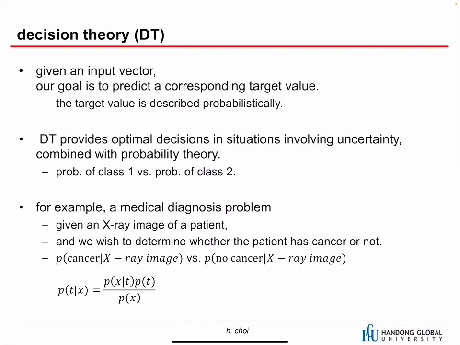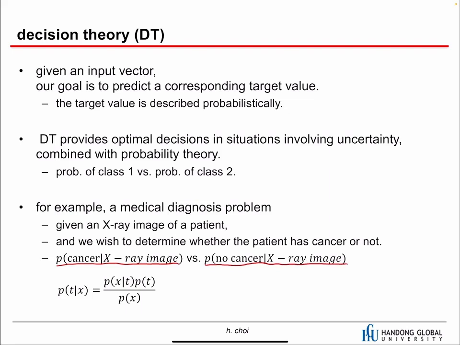For example, think about a medical diagnosis problem, where we have an X-ray image of a patient, and we wish to determine whether the patient has cancer or not. So in this case, we're interested in the probability of cancer given this X-ray image, and the probability of no cancer given this image.